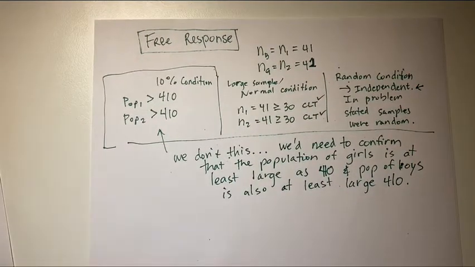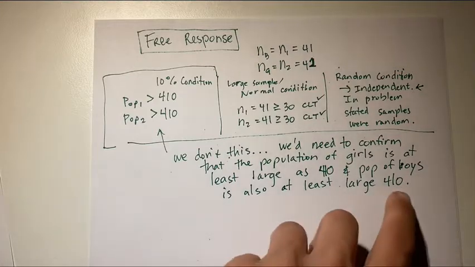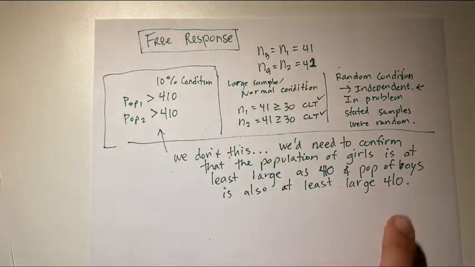You could have said at least as large as 10 times the sample size, but it seems silly if you actually know the sample size, you should just say 410.